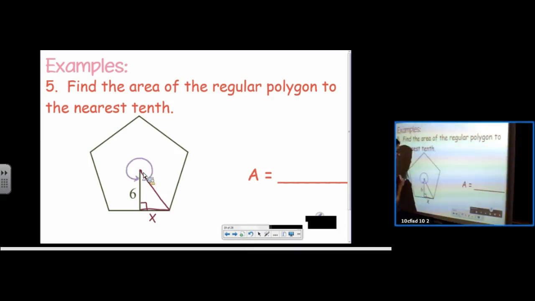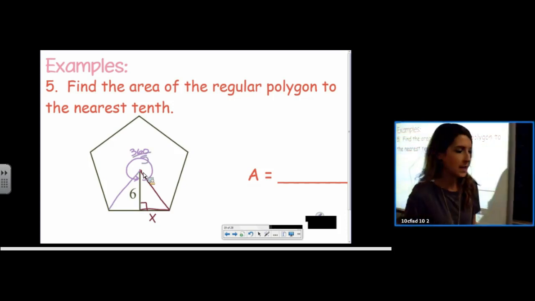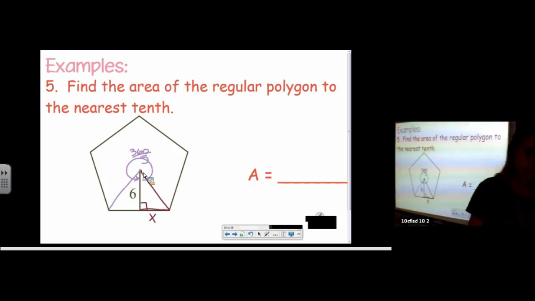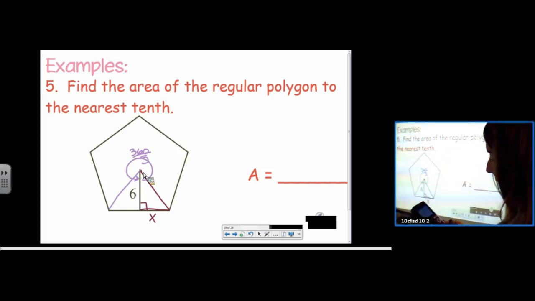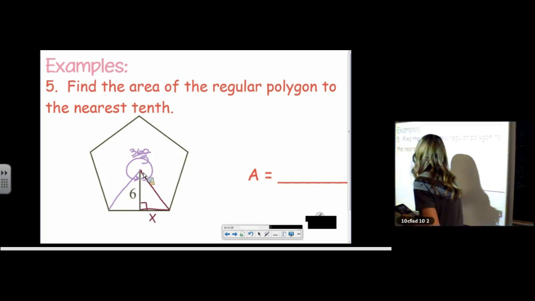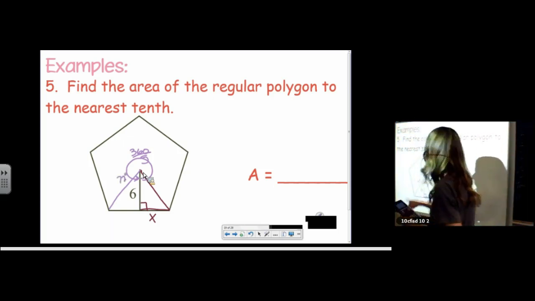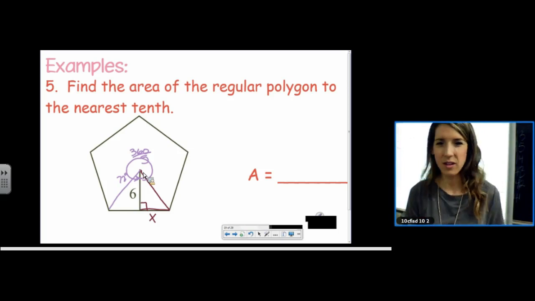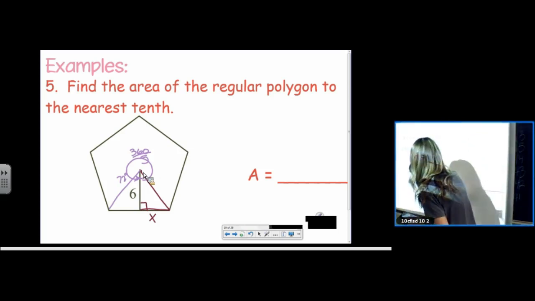How many degrees are in a circle? 360. Okay? Now, if I were to take 360 and divide it by 5, I'm going to get that angle right there. This angle is 72. But I don't want that big angle. I just want this angle right here.